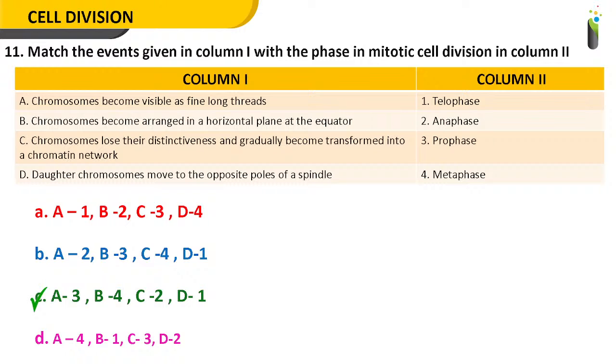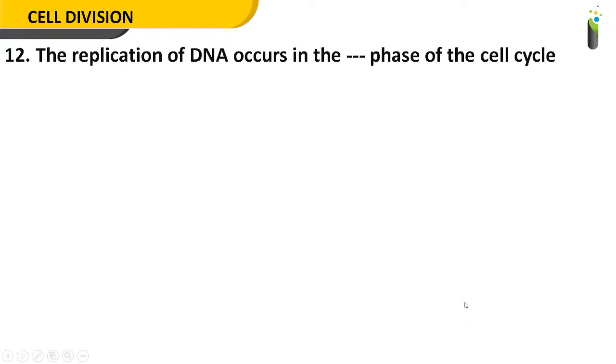Ideally C should be matched with 1 and D should be matched with 2. But since you have no such option here, that's the real reason you go for option C. However, the correct answer would be C matched with 1 and D matched with 2. Okay.